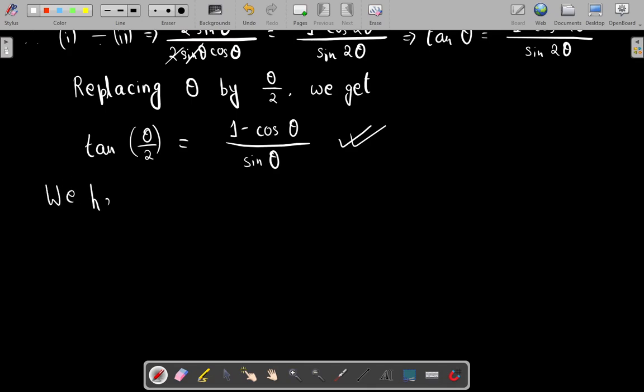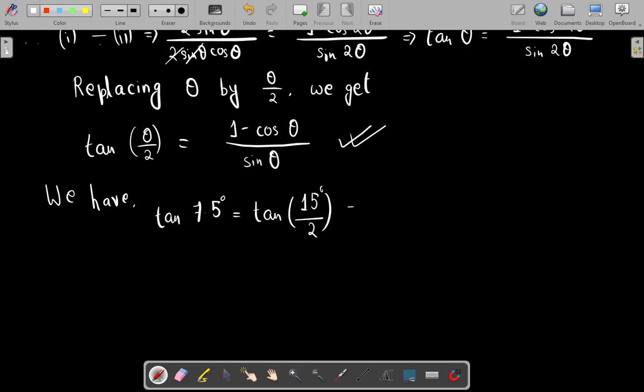We have tan 7.5 degrees. If we make 7.5 degrees a half angle, we can write it as 15 degrees by 2, right? 15 by 2 is 7.5 degrees.